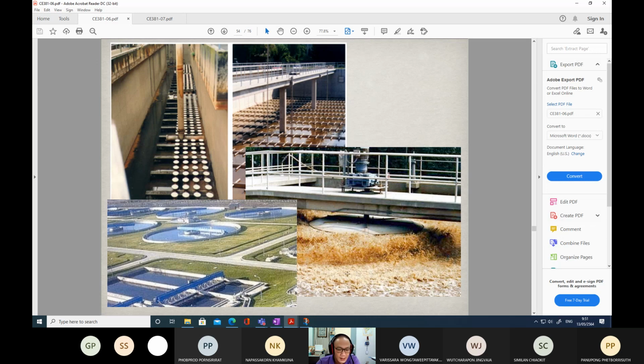We cultivate a countless number of microorganisms or bacteria, so that if we have waste containing organic substance, we feed this waste into the reactor. All three reactions will occur.